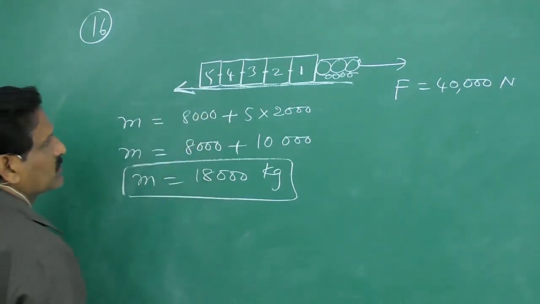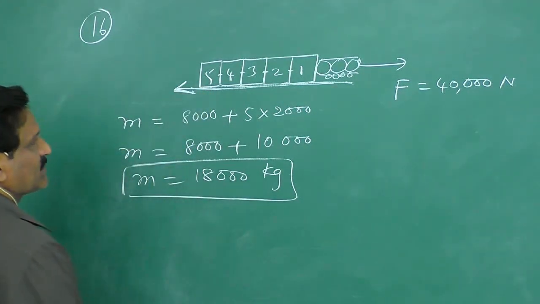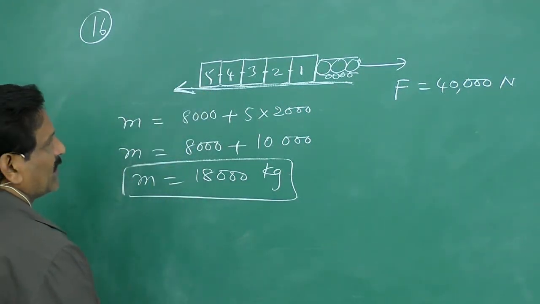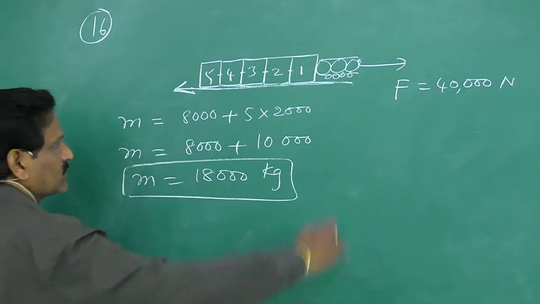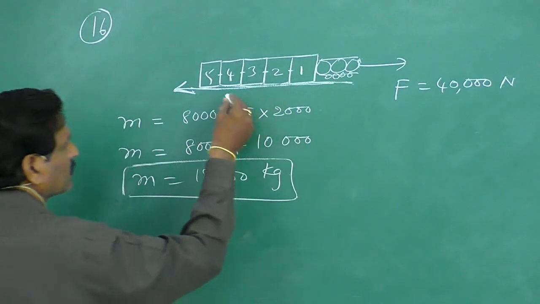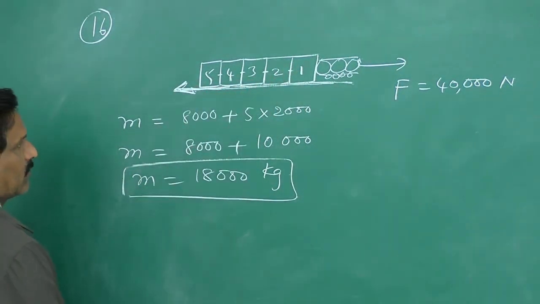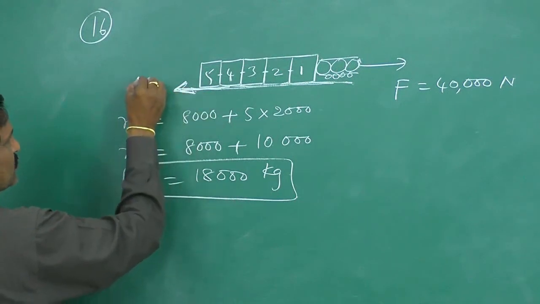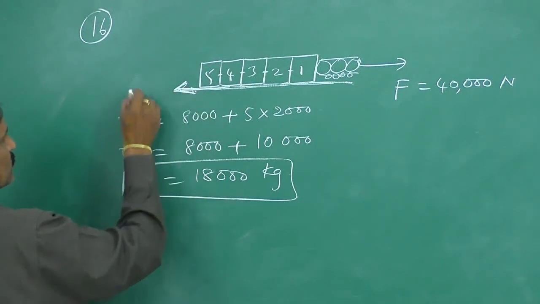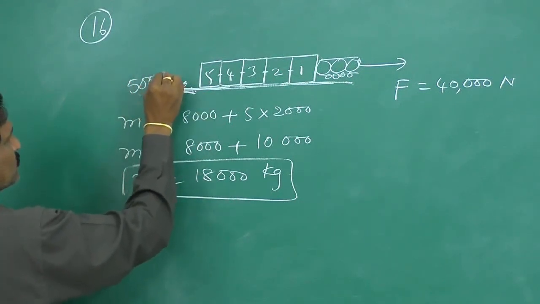Frictional force is the opposing force. Frictional force always opposes the relative motion of the bodies. So since the train is moving like this, the frictional force will be opposite to the direction of motion. So the frictional force here is 5000 Newton.